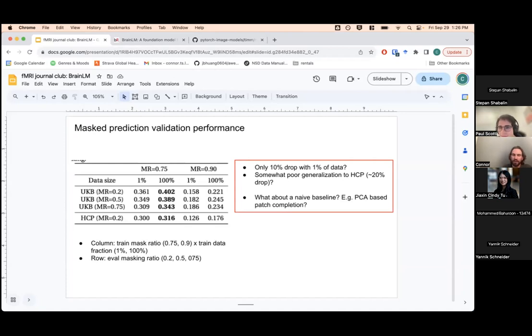And you can compare that with the drop in performance when moving from one data set to another. From UK Biobank to HCP, it goes from 0.4 to about 0.32. So you're losing much more performance from going from one data set to another than from shrinking your training data set by 99%. This seemed kind of surprising to me. 1% of the data is only like a couple thousand samples.